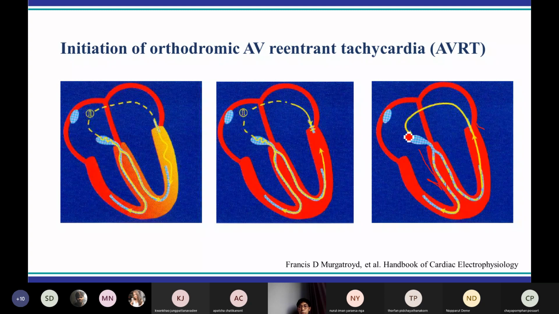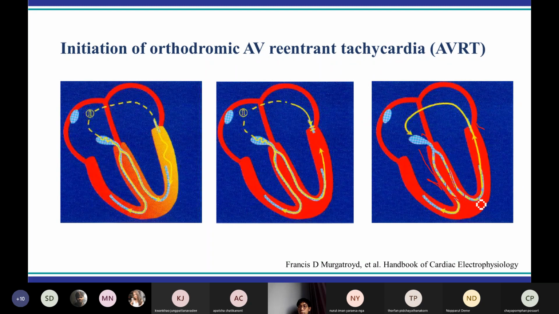But when there is some trigger, which is a PAC, an ectopic beat or a PVC, the premature beat comes before the sinus rhythm, right after the previous beat. So there is still some blockage or refractory period of the fast pathway. The PAC would travel along the slow pathway, which is the AV node.